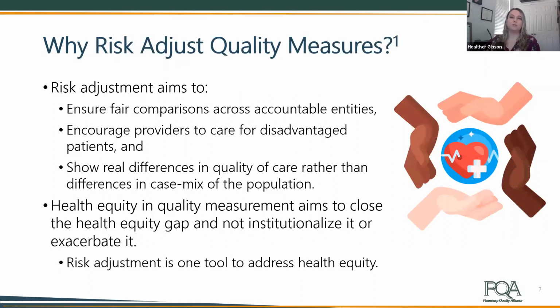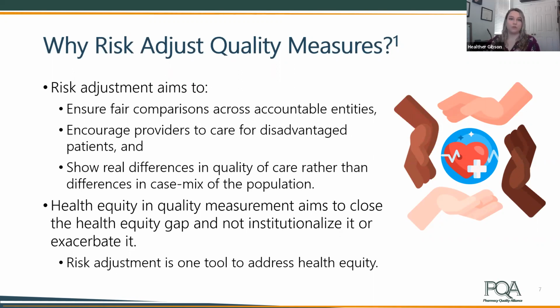And so why do we risk adjust quality measures? Well, the argument in favor of risk adjustment posits that by not adjusting for social risk within certain performance measures, accountable entities may actually avoid caring for the most at-risk and disadvantaged patients because of their anticipated worse outcomes or higher costs, and that could potentially worsen the inequities we see within measurement.